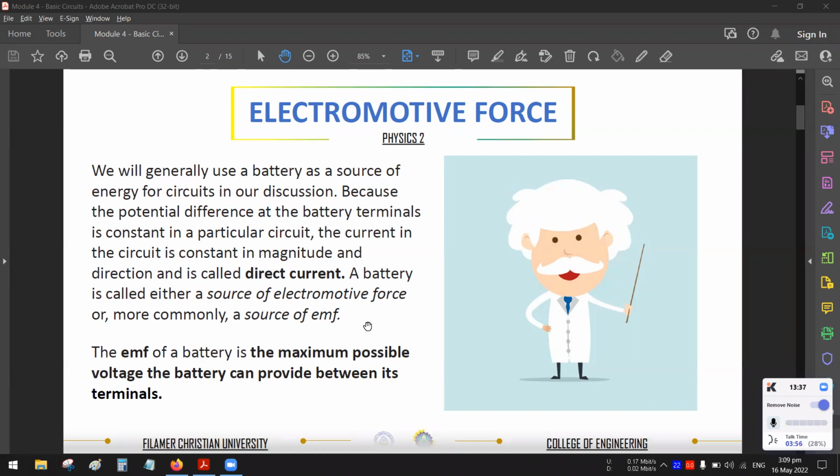We shall generally assume the connecting wires in a circuit have no resistance. The positive terminal of a battery is at a higher potential than the negative terminal.